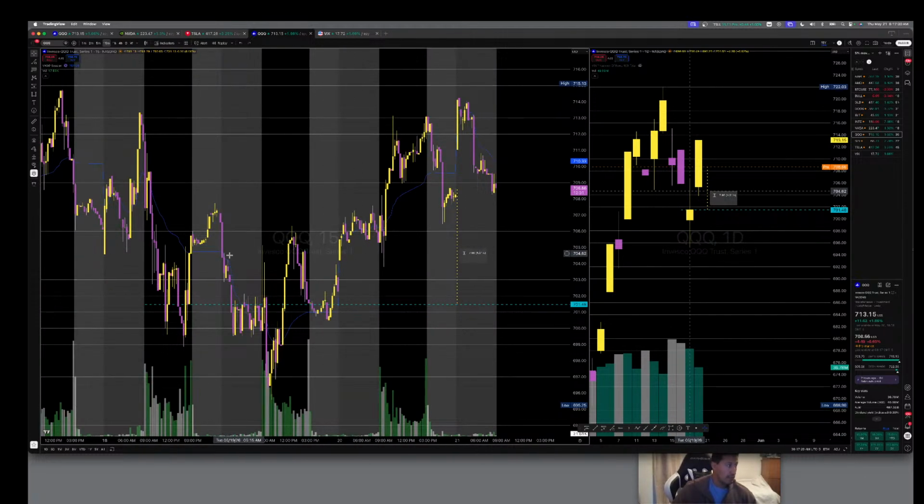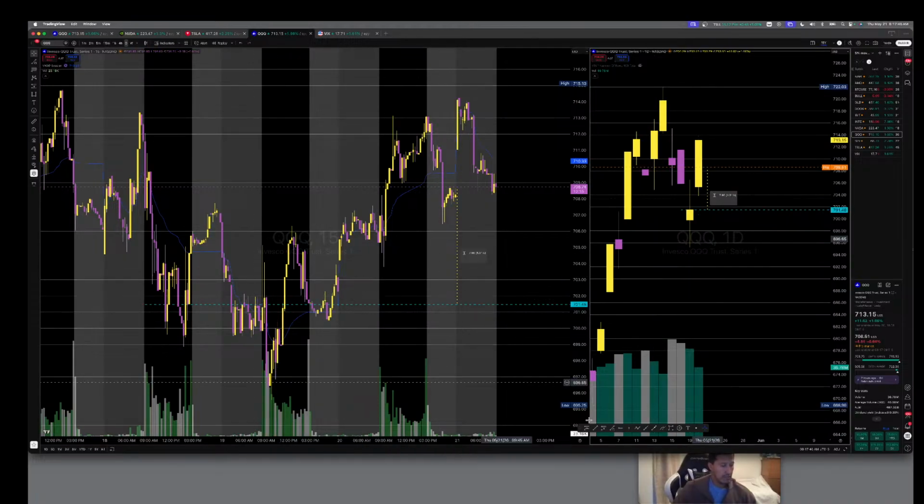You grabbed some liquidity from here, from this sideways action, and then you took off. You're like, okay, we have enough. Look at all these wicks. We grab, let's go. So you definitely grabbed some, and you took off.